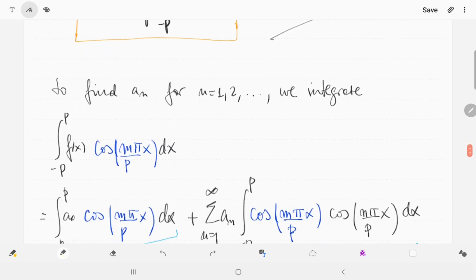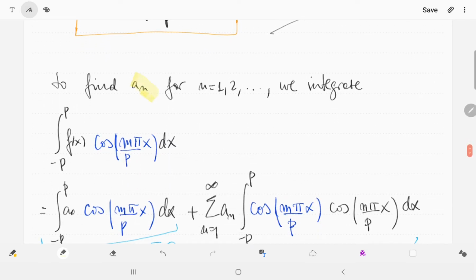To find the coefficients an, for n equal to 1, 2, 3, and so on, we compute the integral of f times cosine of m pi over p x.